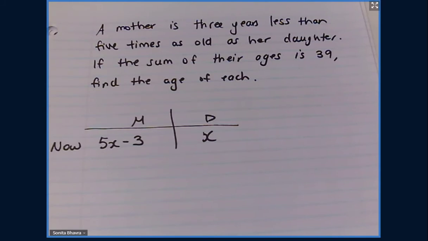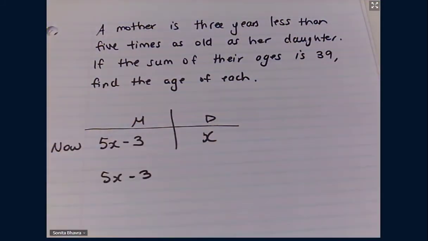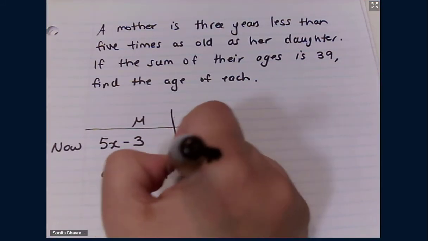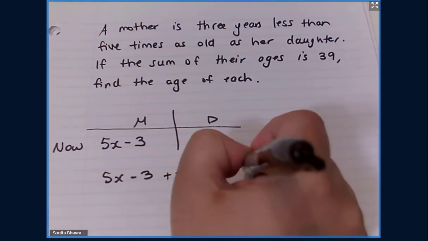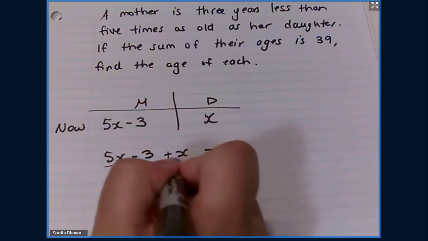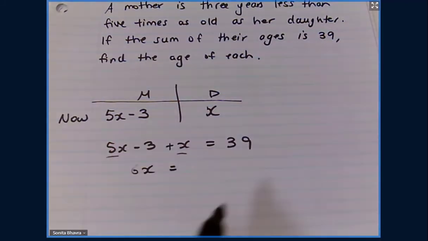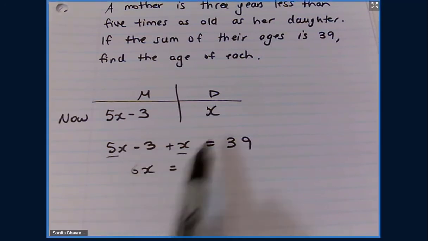Okay, so we have 5x minus 3 plus x is equal to 39. All right, and we'll just collect our like terms. We can collect 5x and x together. That gives me 6x is equal to, we're going to add the 3 over.